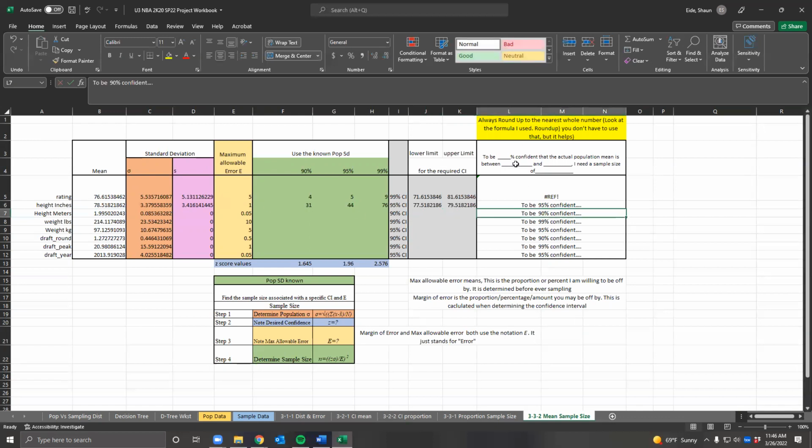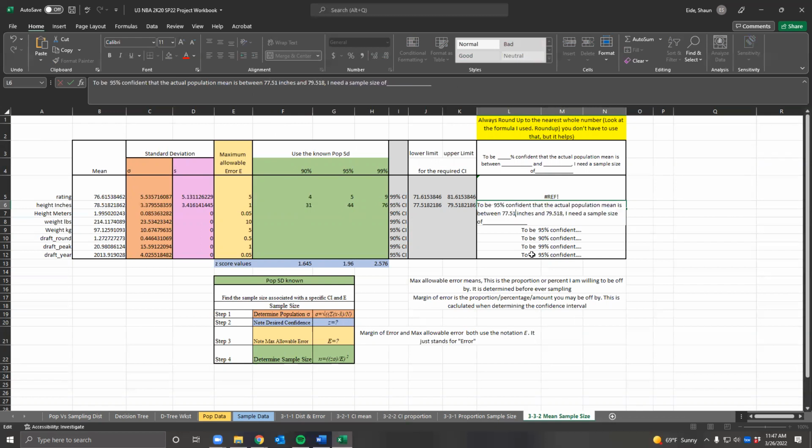And so we're going to copy this to say we can be 95% confident that the actual population mean is between 77.5 inches and 79.518 inches. I need a sample size of, for 95%, we come right here, 44.